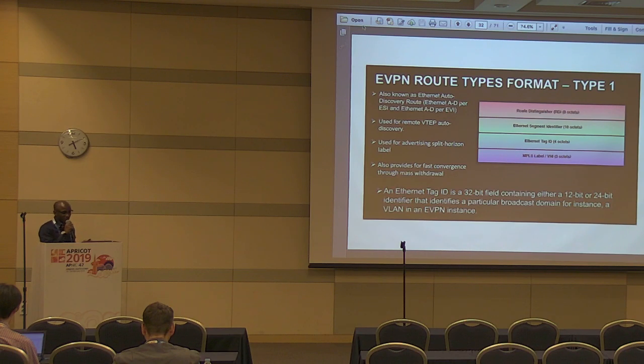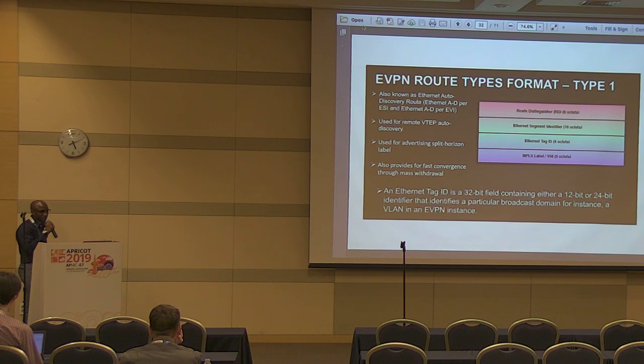Both of them have different usages, which I'll try to summarize. Split horizon label. The type 1 also provides faster convergence through mass withdrawal. I have a slide on mass withdrawal for you guys.